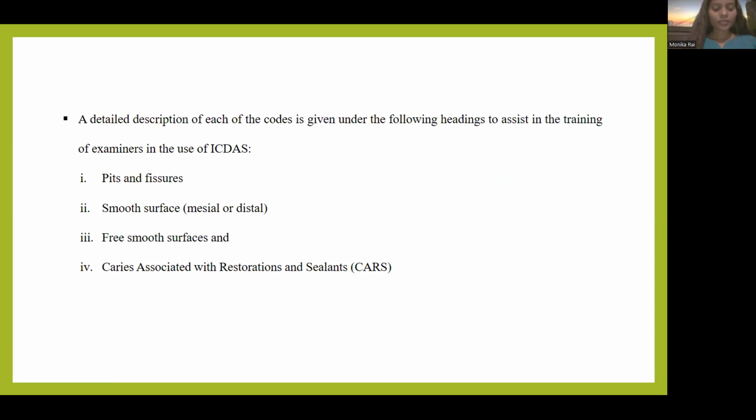And this ICDAS scoring system is a clinical scoring system for use in dental education, clinical practice, research, and epidemiology.